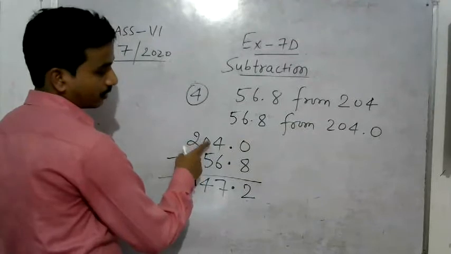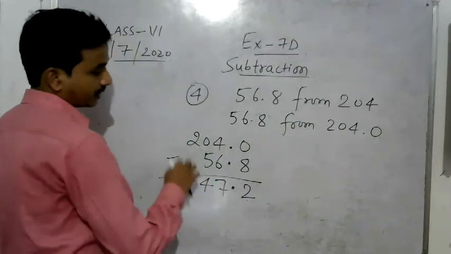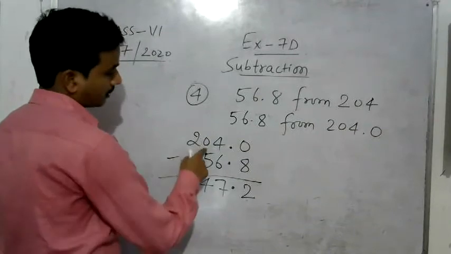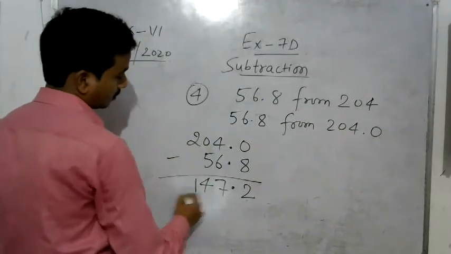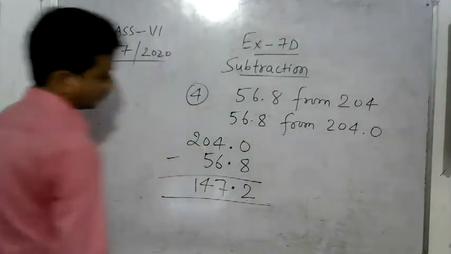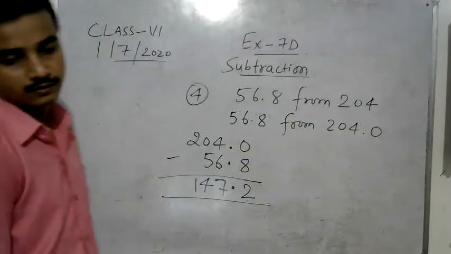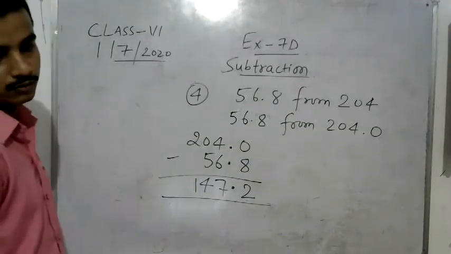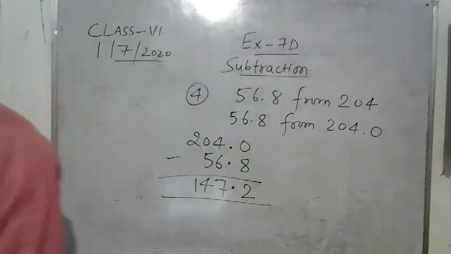Now it will become 10, and it will give 1 to it, so it will become 9. 9 minus 5 is 4, and here it will become 1. So our answer is 147.2.